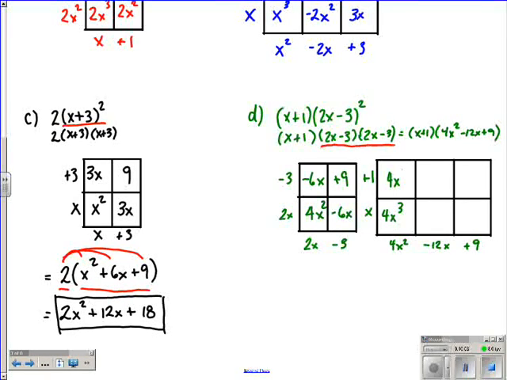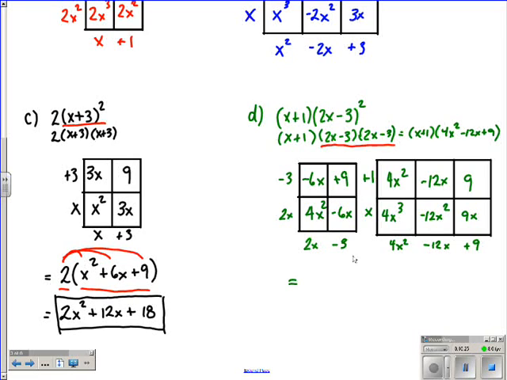This would be 4x squared, because 4x squared times 1. Negative 12x times x, negative 12x squared. Negative 12x times 1 would be negative 12x. 9 times x, 9x. And 9 times 1 is 9.